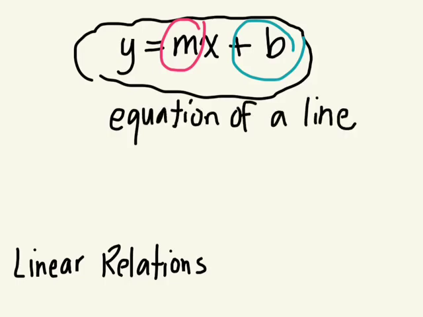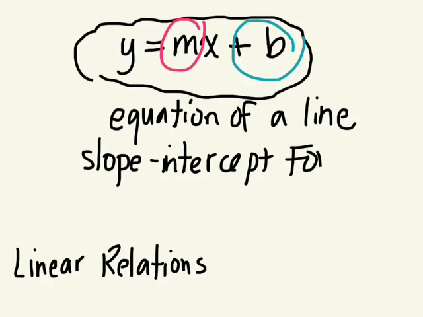And when it's written in this form, so when it has y equals something x plus something, this is called slope-intercept form. Okay, this is really important to note. This is when it's written as y equals mx plus b, it's called slope-intercept form.